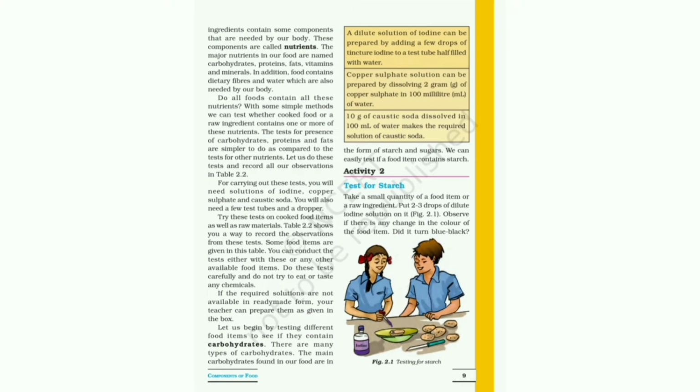These ingredients contain some components that are needed by our body. These components are called nutrients. The major nutrients in our food are named carbohydrate, protein, fat, vitamins and minerals. In addition, food contains dietary fibers and water which are also needed by our body.